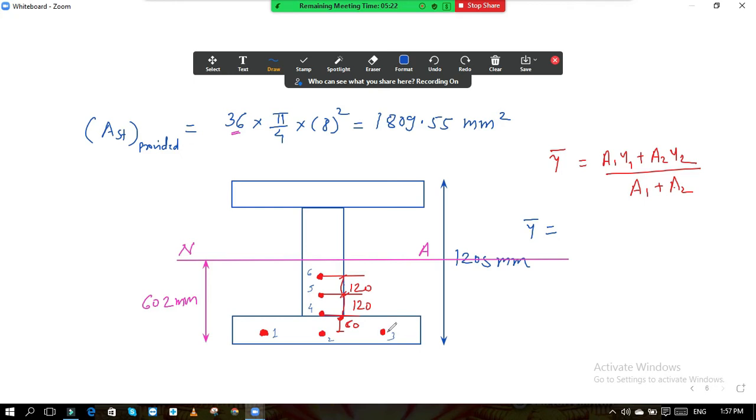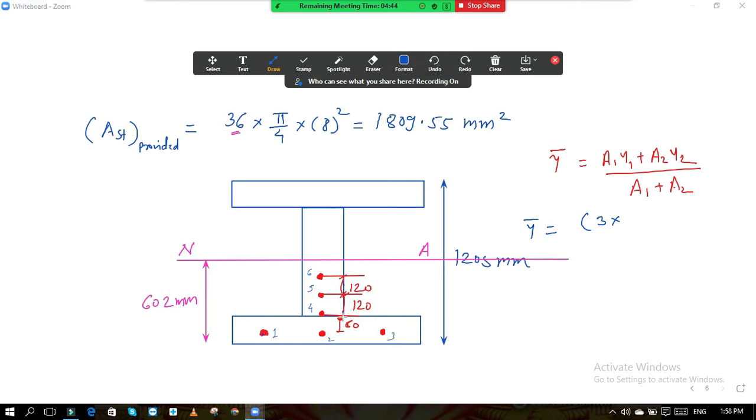Okay. So what is the y1? So A1 y1. So A1 is three bars, so the number of bars we will consider. A1 is 3. Y1 from the center of these bars to this is your y1. Okay. From the center of this bar up to this neutral axis. Okay. So up to the neutral axis, this is your y1. So now what is the distance of y1?